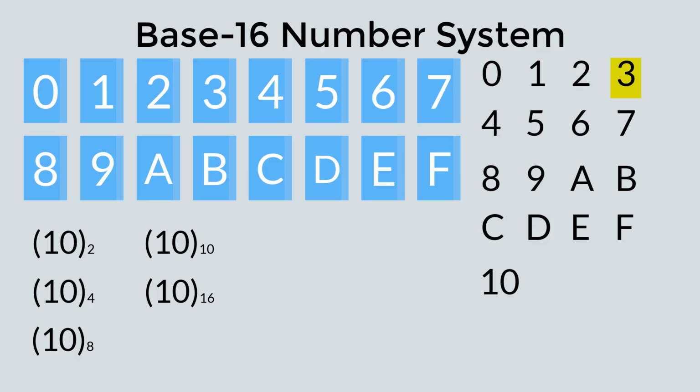Counting moves from right to left. The rightmost position counts individual ones. When that position runs out of symbols, we form one group of the base and move it to the next position. When the next position runs out, we form a larger group and move again.